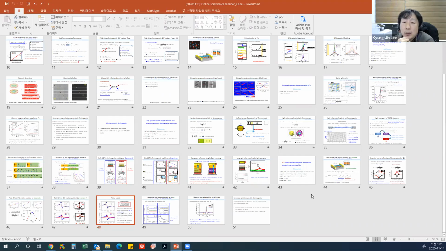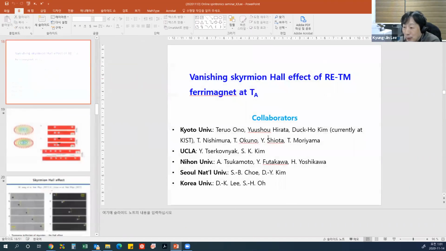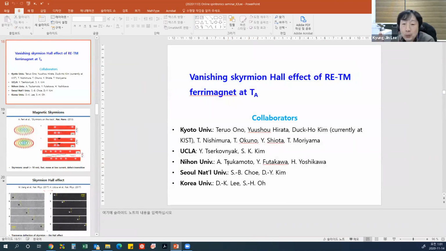I had a similar question, so I asked my collaborator, Professor Tsukamoto, who provided the sample, and he told me that there is a way, but he didn't explain the detail. So I don't know about the experimental part, but there is one paper from Geoffrey Beach about current-driven domain wall motion in the ferrimagnet.